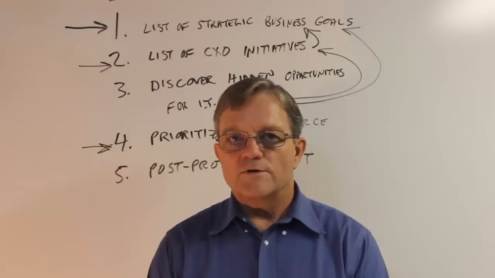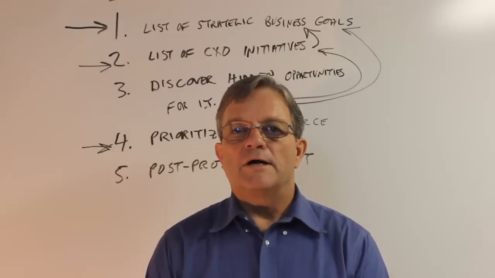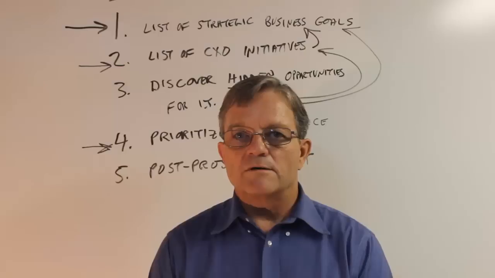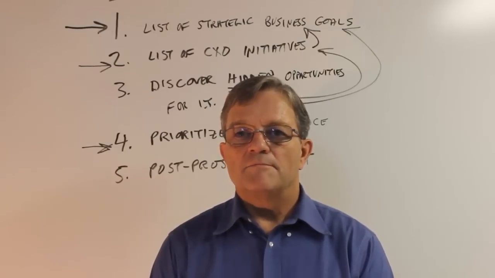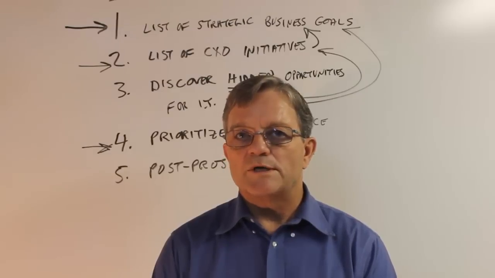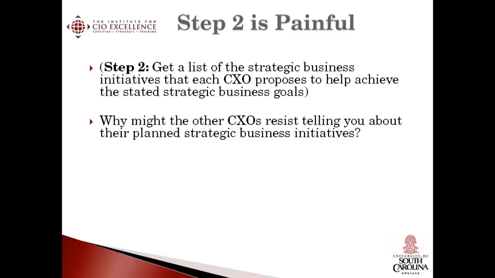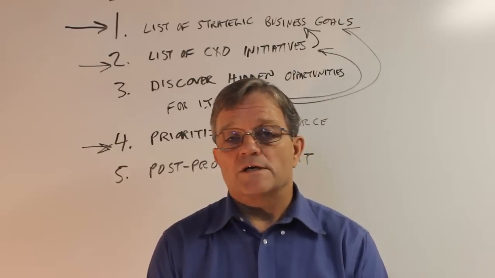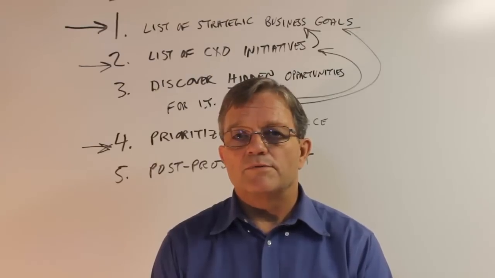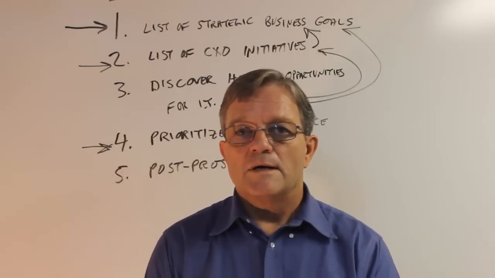Normally it isn't, fortunately, but in some companies, if the political environment is not as cooperative as it should be, sometimes you'll find different CXOs in the company being very guarded about what they're thinking of doing until it finally gets approved and funded. Because after all, the different CXOs are competing for a limited pool of new capital.